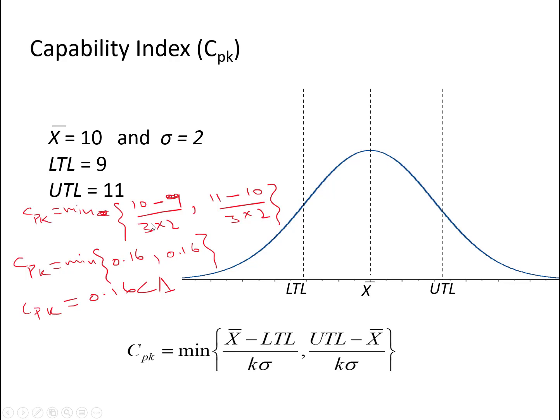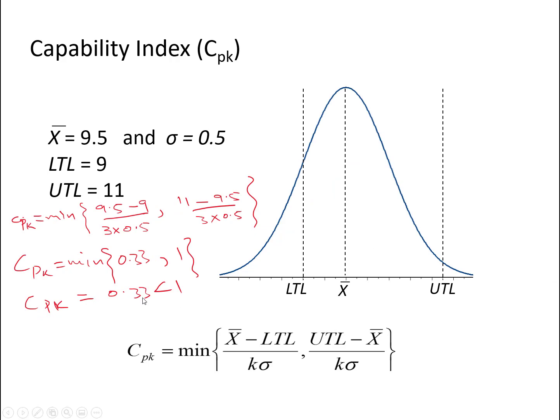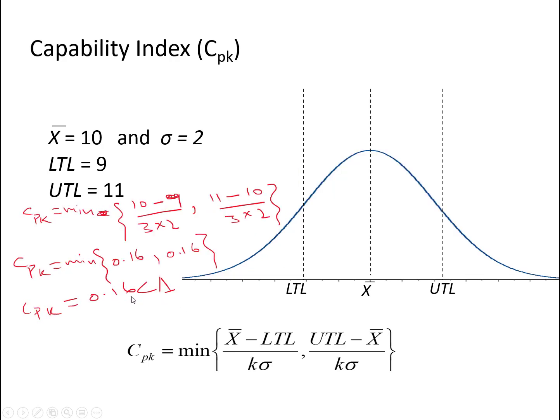So when we calculate Cpk for this, it is lower than the previous one: this is 0.33 and this is 0.16. When the standard deviation value is very high, it means there is too much risk involved. So it's also showing you that the process is not capable at this 3 sigma level.